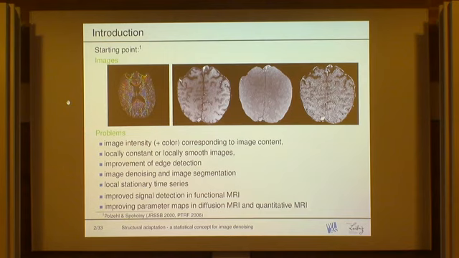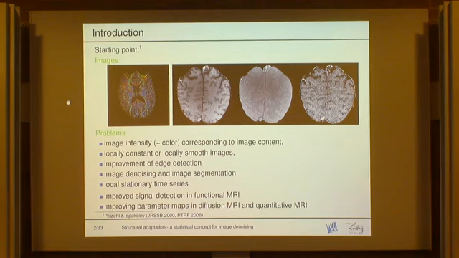Then what you see here on the left side is a color-coded FA map from diffusion tensor imaging, quite noisy. So the idea is to use smoothing methods in order to get a clearer image about fiber orientations and regions in 3D where fiber orientation is homogeneous.